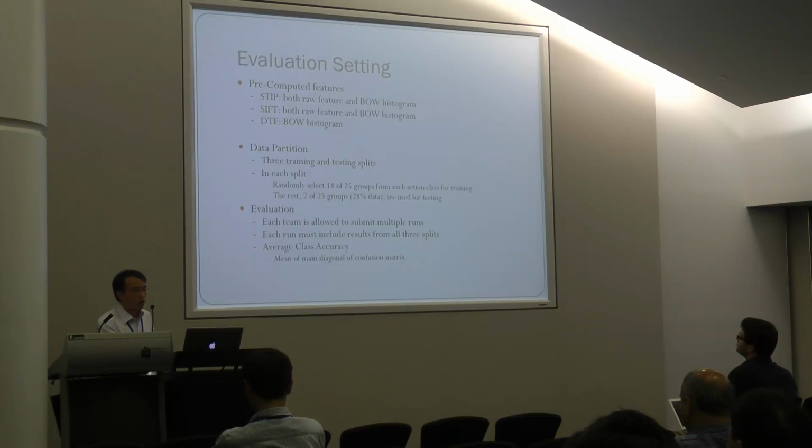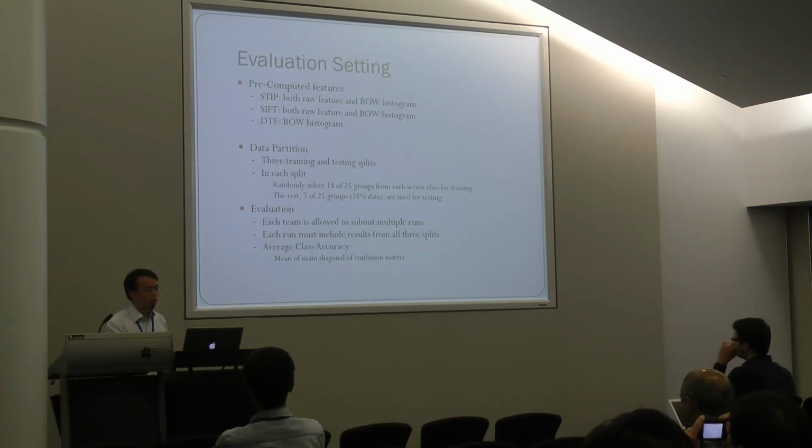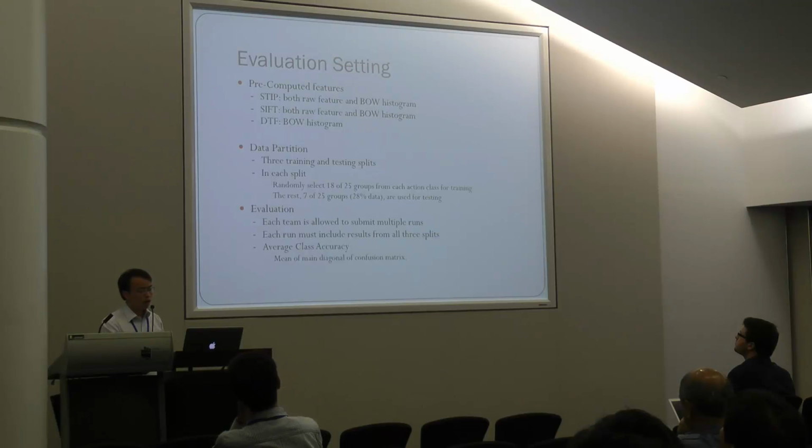In this evaluation, we provide 3 low-level features. For the STIP and the SIFT, we provide both raw features and bag of histogram features. For the DTF, we only provide the bag of histogram features, because the raw feature is too big to share online. We have 3 training and testing splits, and in each split, we randomly select 18 of the 25 groups for training, and the rest, 7 of the 25 groups, are used for testing.